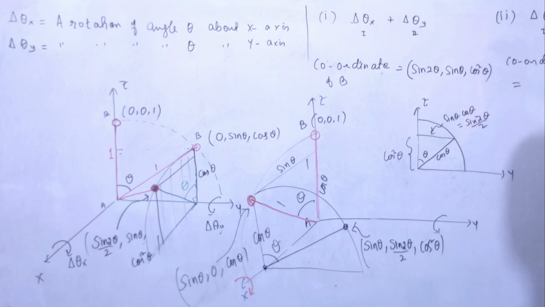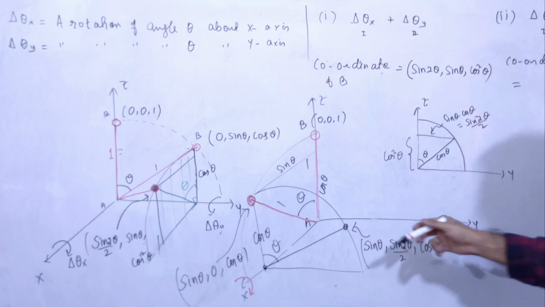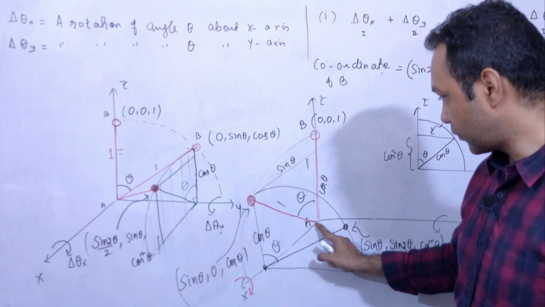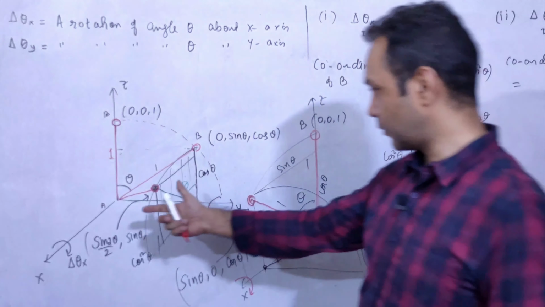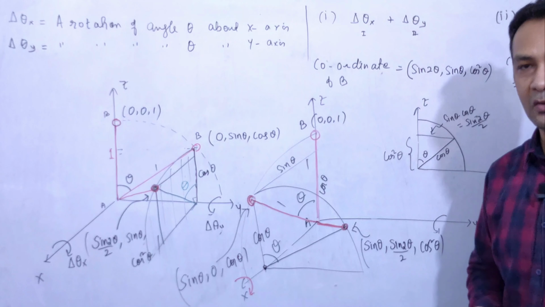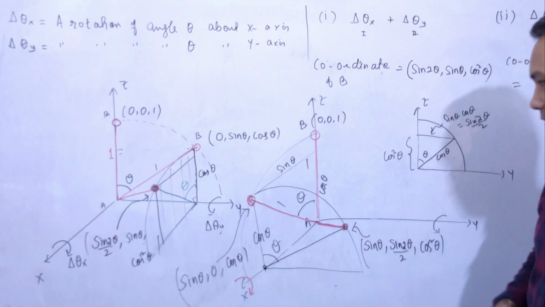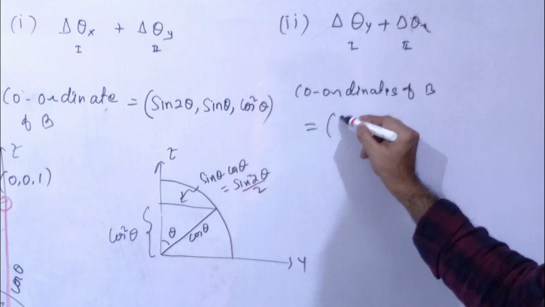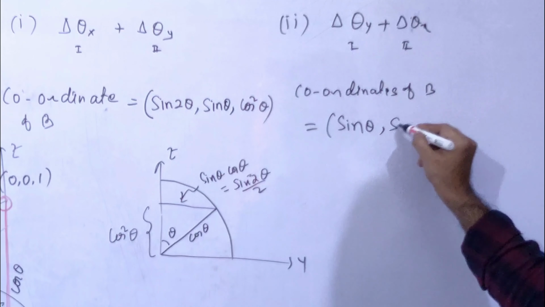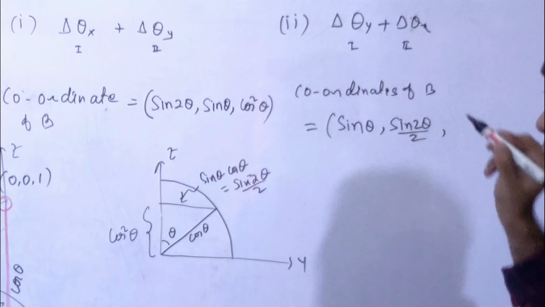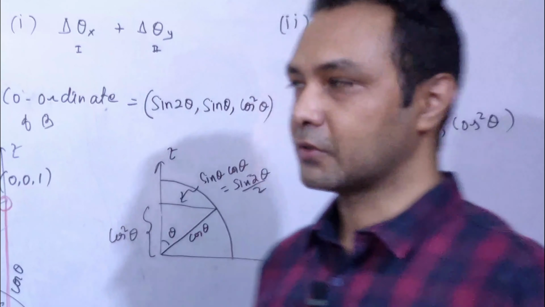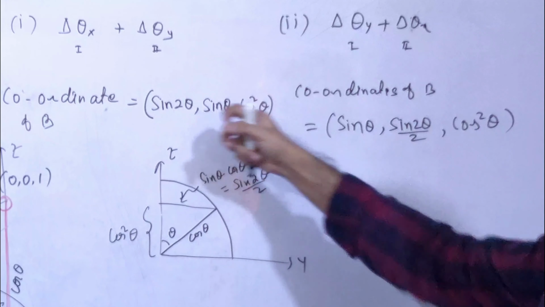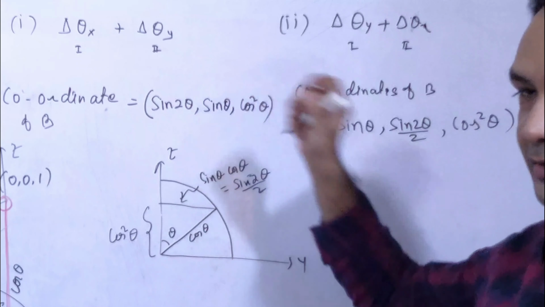So the final orientation of the body, this point would still be here, now this point has come here, so the orientation has become this. Looking at this and this, we cannot differentiate, so that's why we have found the coordinates. The coordinate of this point has become sin theta, sin 2 theta by 2, cos square theta, for a general theta. So we can see that these are not the same, they are different.